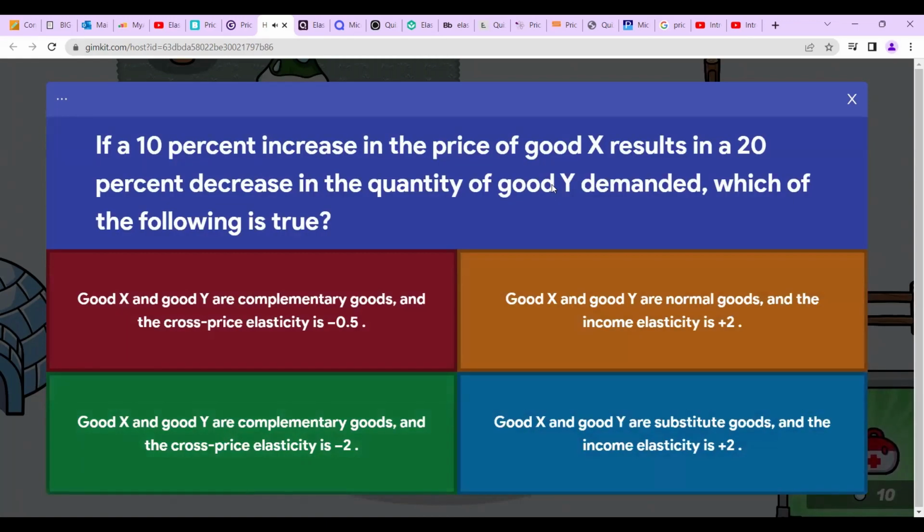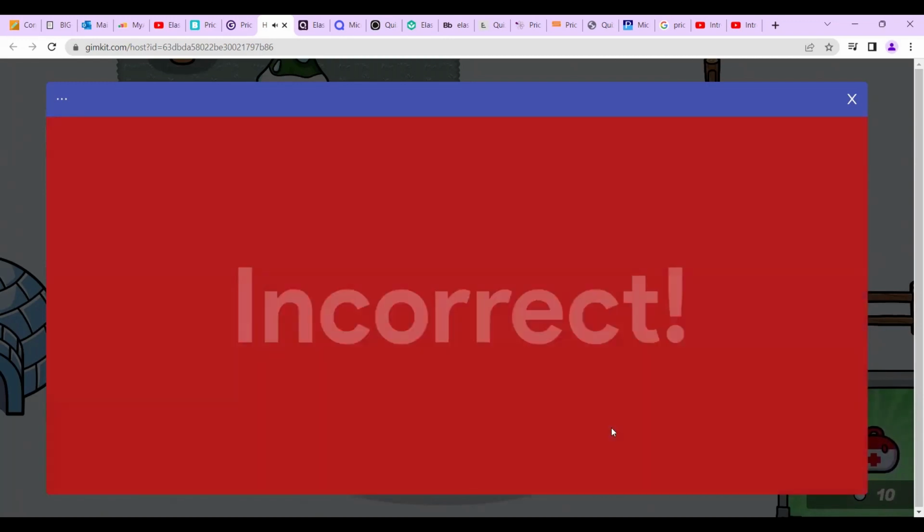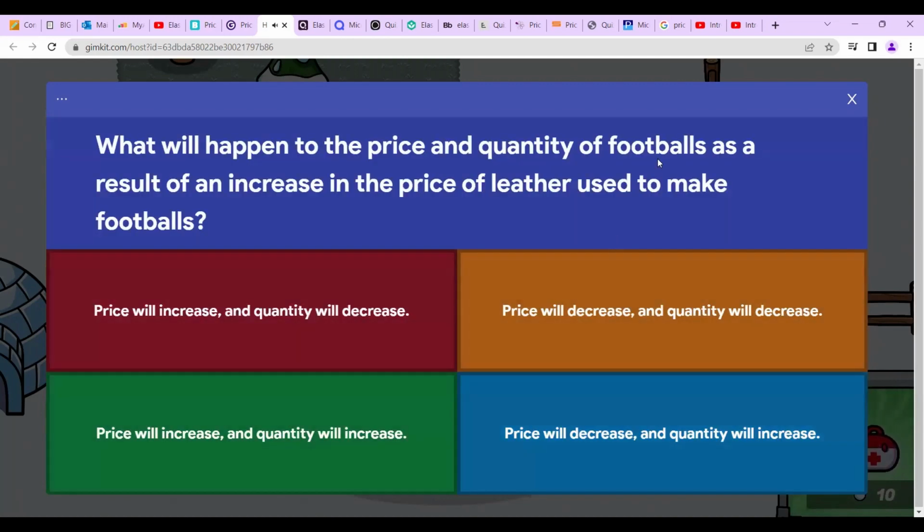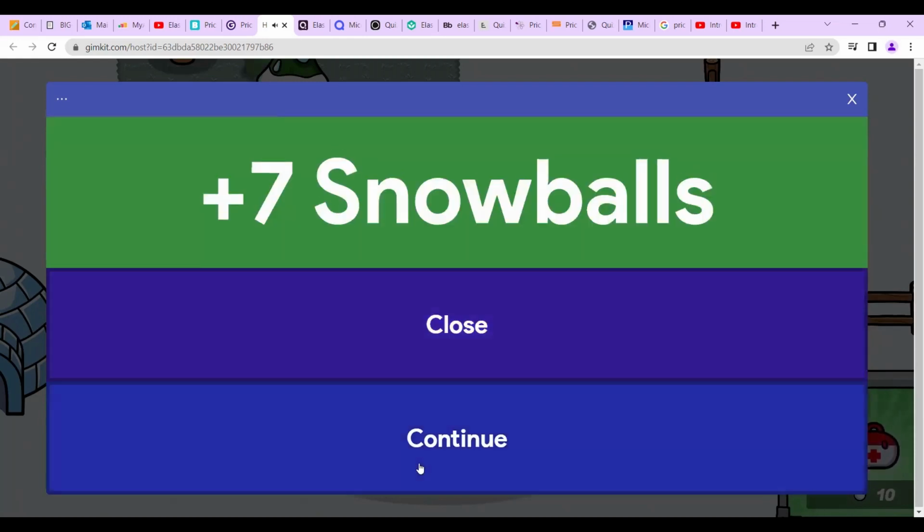The 10% increase in price of good X results in a 20% increase in time good Y demand in response to that. Good X and good Y are good X and good Y are complementary. The crop is less than what will happen to the price of money footballs as a result of the increase in the price of leather used to make footballs? Price will increase according to the price.